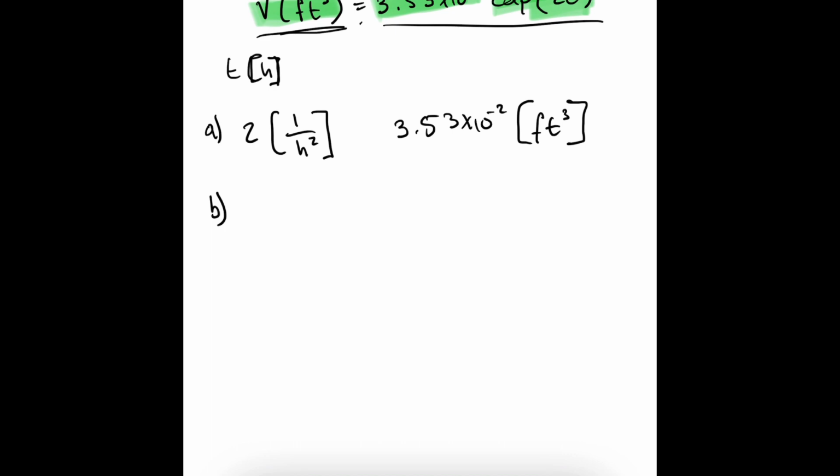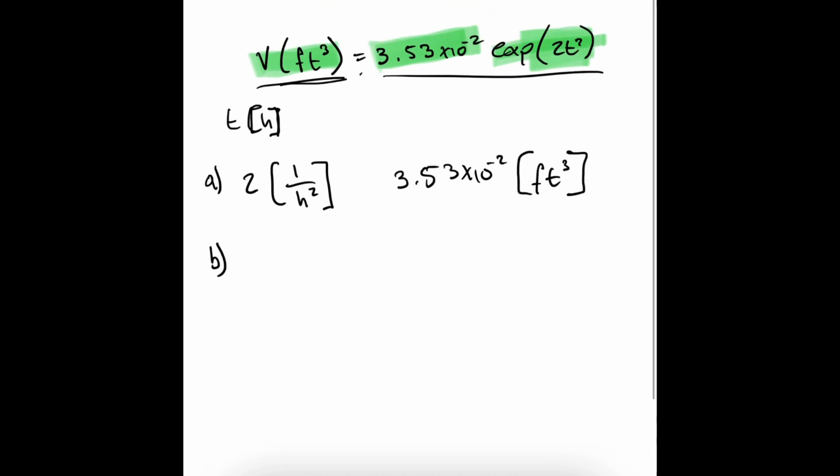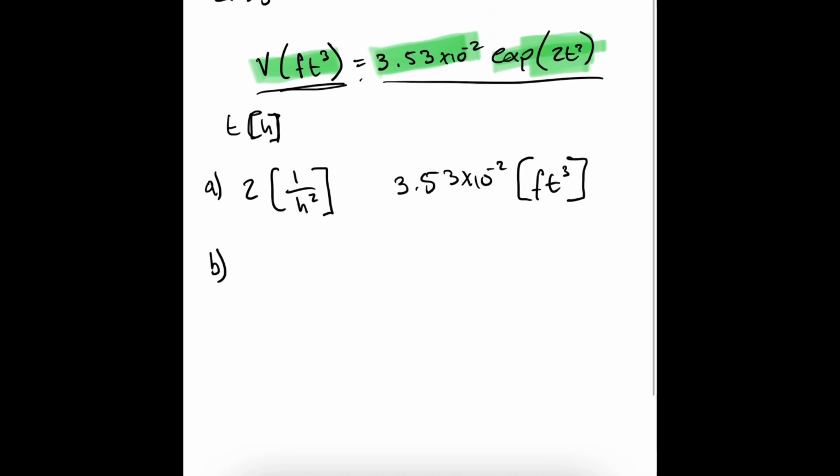Well, let's turn this equation into something that looks more like a line. So we've got V equals A, where I'm saying that A is this, and B is this.